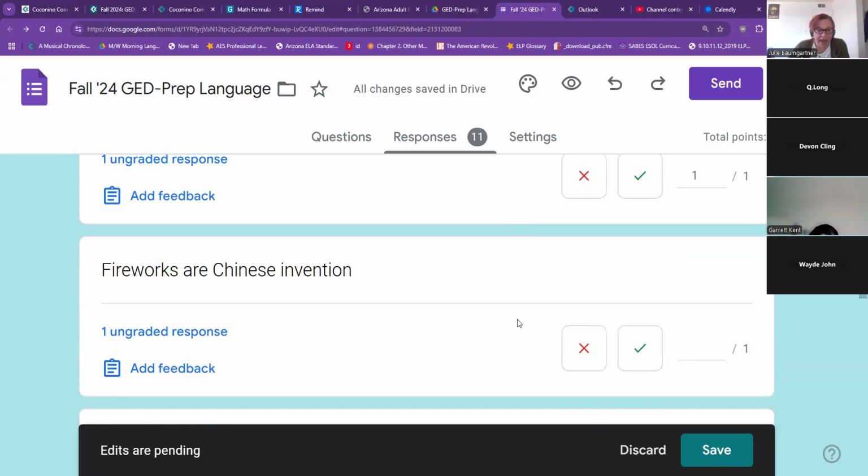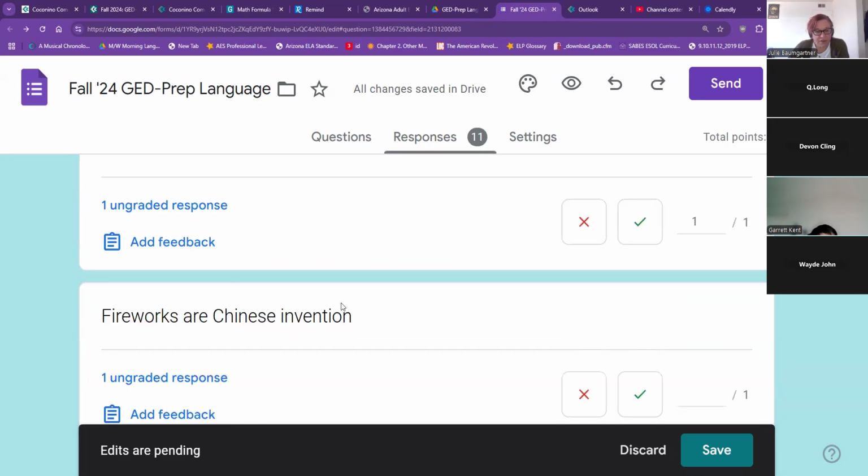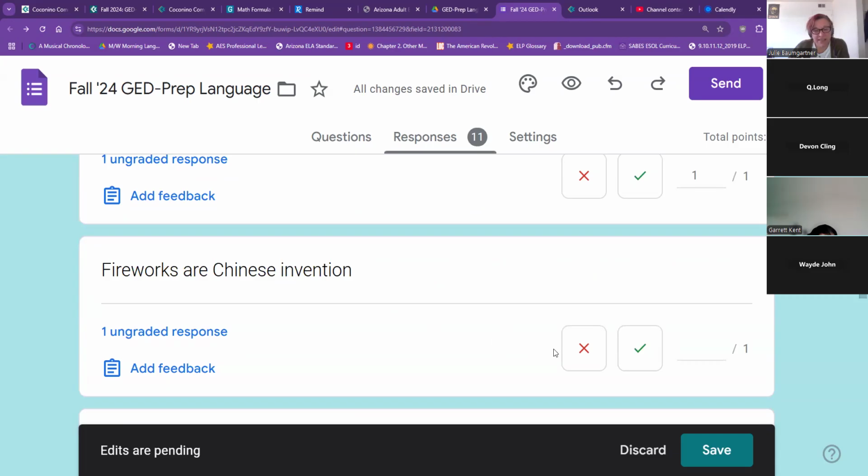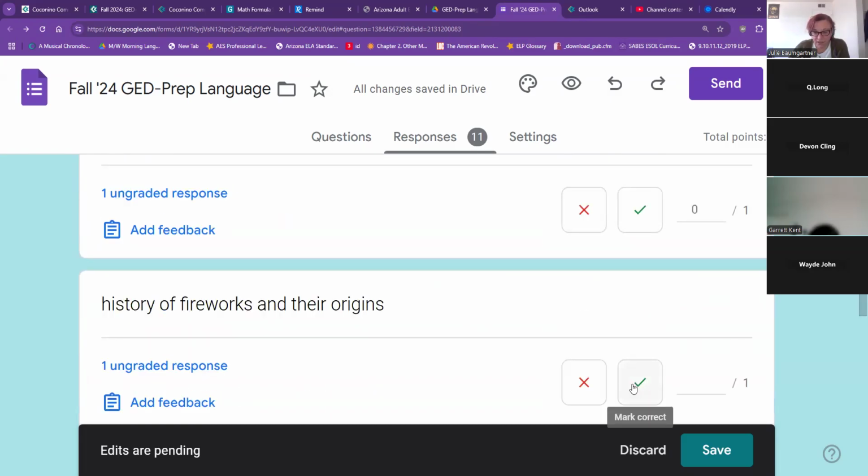Inventions, okay. Our Chinese. I would say the Chinese invention part is a detail about the topic. Is it the focus of the paragraph? I would say not quite. This one's good.